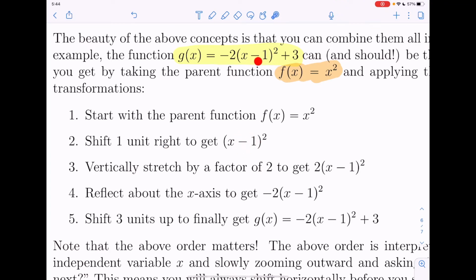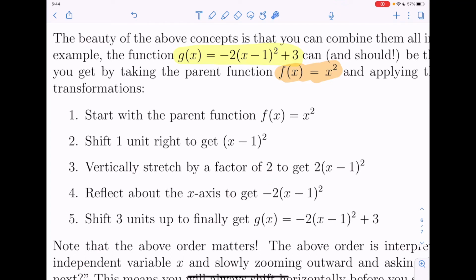Then, when you leave your house, the square, the next thing you encounter is this 2. A multiplication of your entire function by a factor 2, which is greater than 1, results in a vertical stretch by a factor of 2.